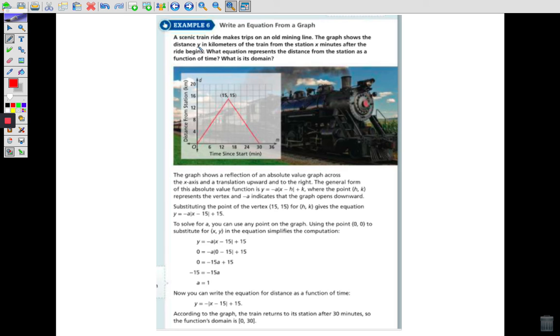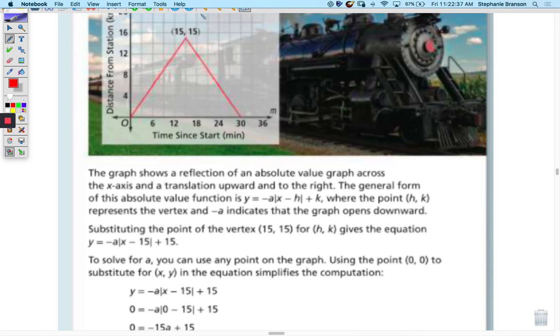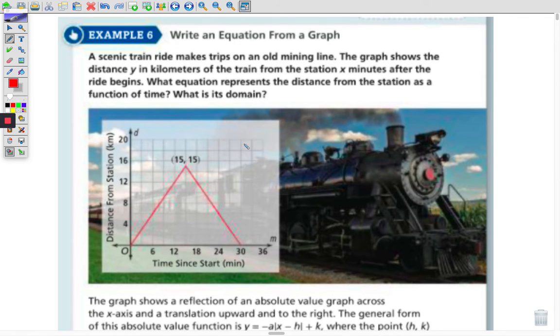Our last example for today. It says a scenic train ride makes trips on an old mining line. The graph shows the distance y in kilometers of the train from the station x minutes after the ride begins. What equation represents the distance from the station as a function of time?